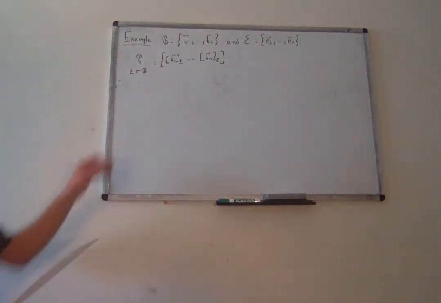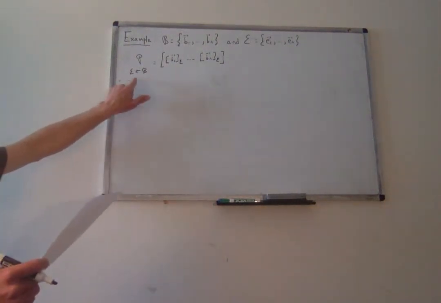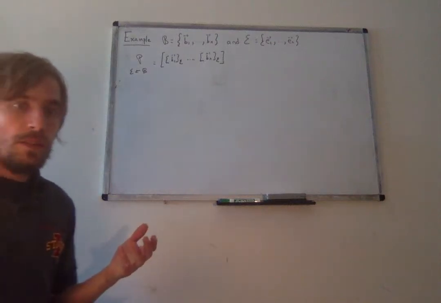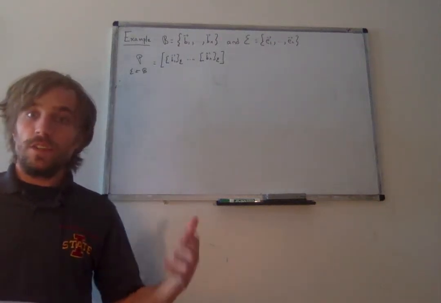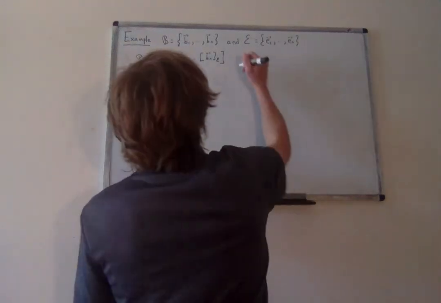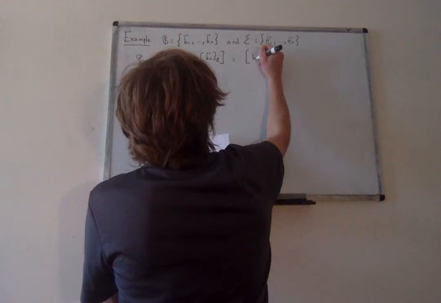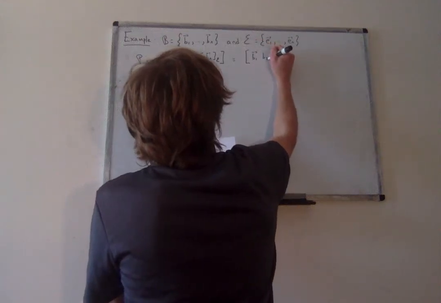And so if we're going this way, the change of coordinates matrix from B to the standard basis in Rn, well, notice that the basis representation of any vector x under the standard basis is just that same vector x. And so this is just the matrix whose columns are given by these basis vectors.